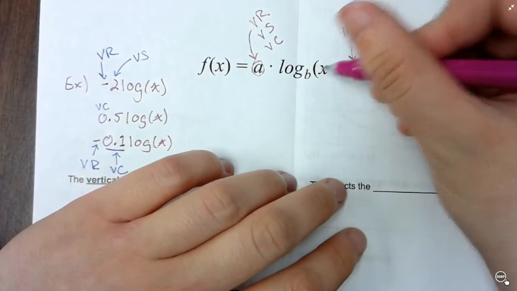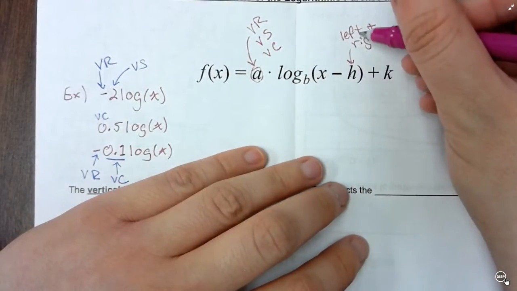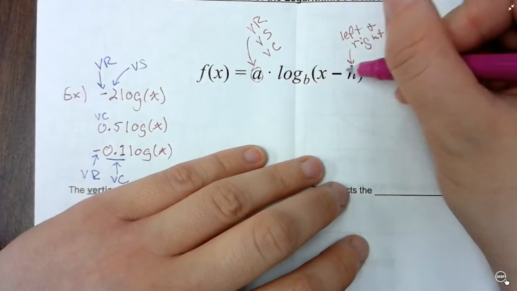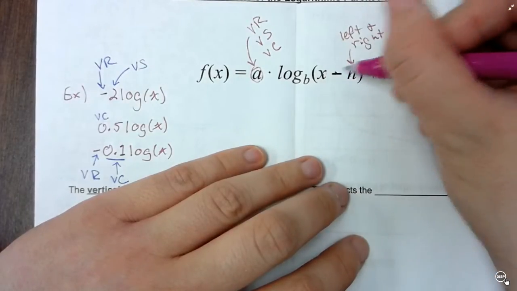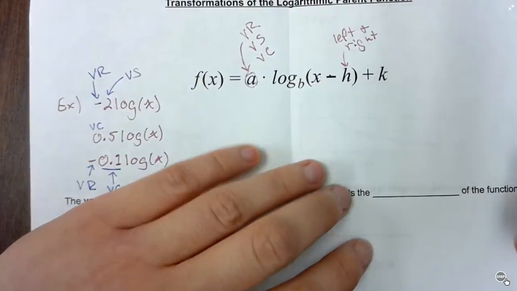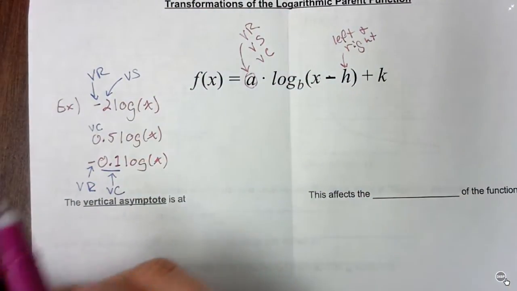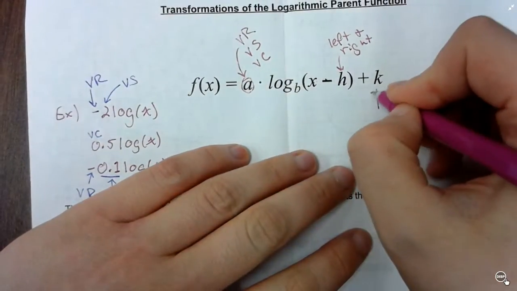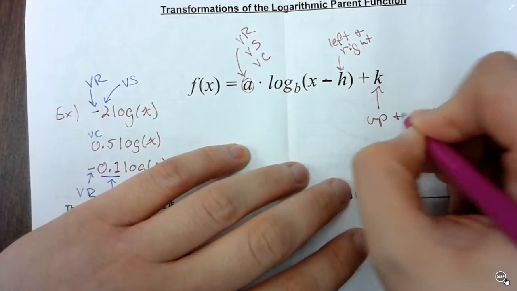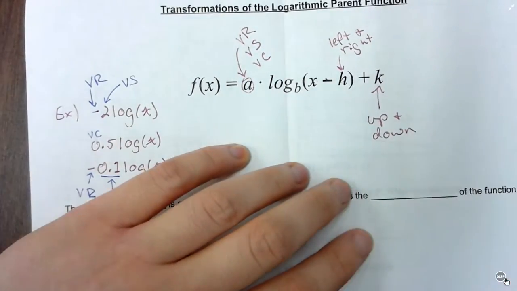So remember, if it's x minus a positive number, you're going right, and x plus, which is x minus a negative, is left. So the sign is kind of the reverse of what you would expect it to be. And then k is your up or down.